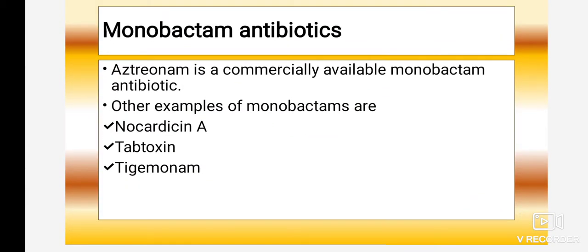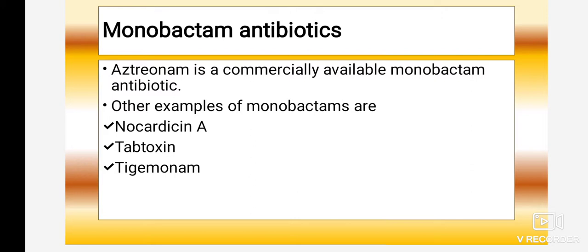The example of the monobactam antibiotics is aztreonam, and it is a commercially available monobactam antibiotic. Compared to other drugs from this class, aztreonam is a very important drug and it is commercially available in the market.